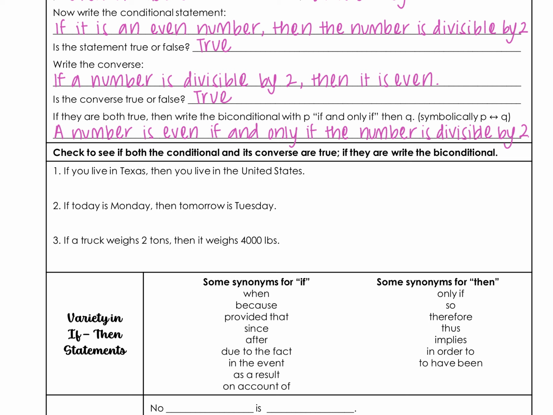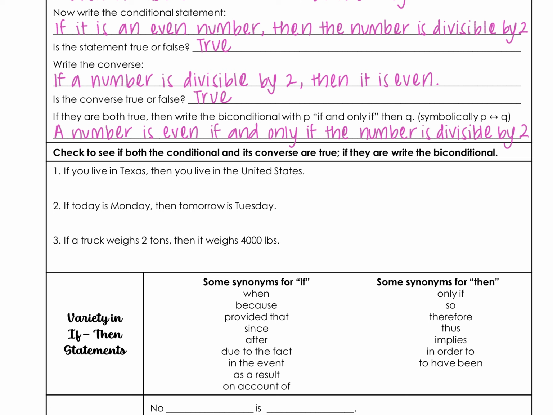For number 1, we have if you live in Texas, then you live in the United States. That is a true statement. Now we have to think about that converse. Remember, we're going to switch places. If you live in the United States, then you live in Texas. I know we've seen that example in the last lesson, where we determined that was a false statement.